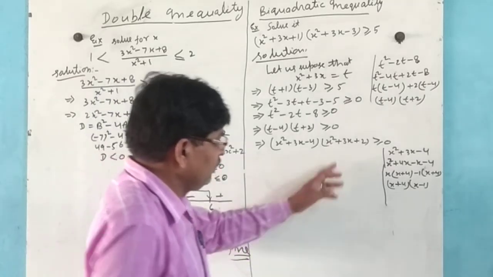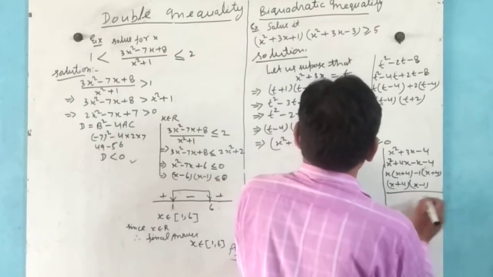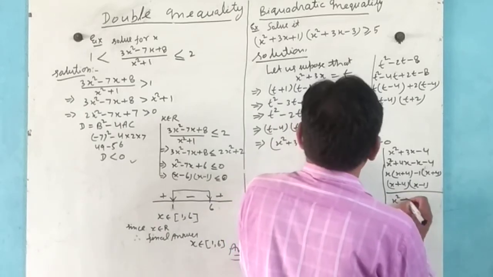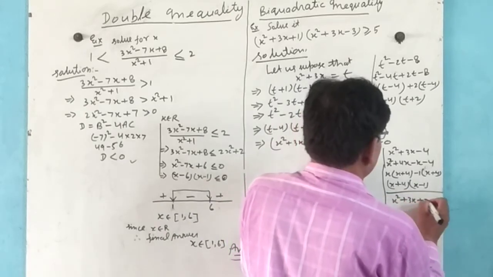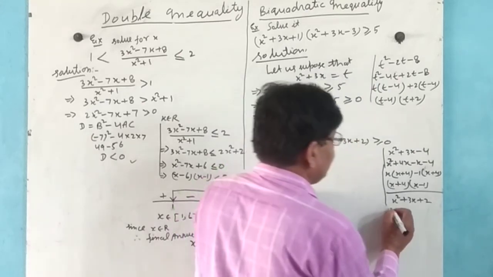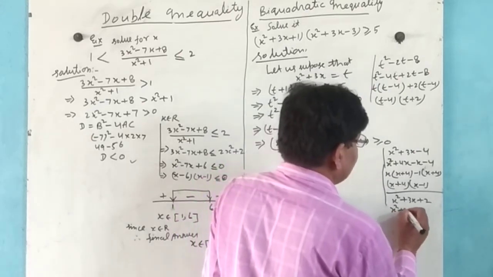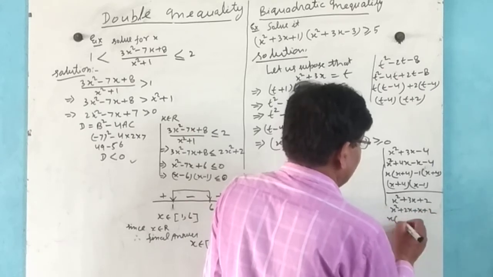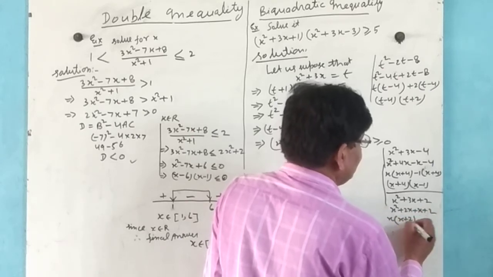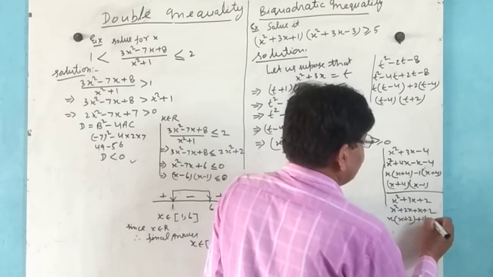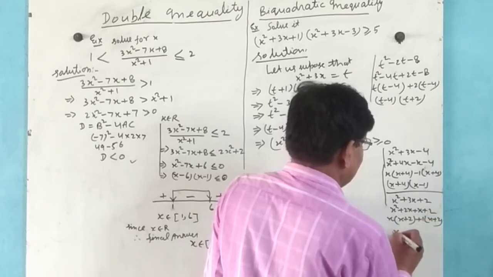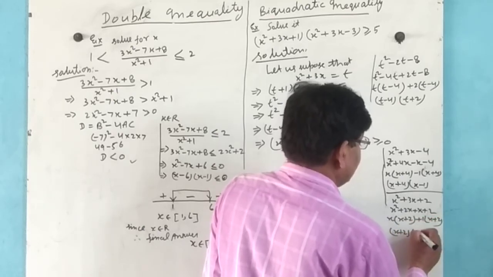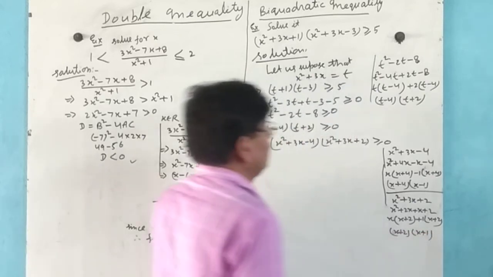Now again factorize the second, x square plus 3x plus 2, factors 2 and 1, x square plus 2x plus x plus 2. Here x plus 2 and plus 1 times x plus 2. Now x plus 2 and x plus 1.